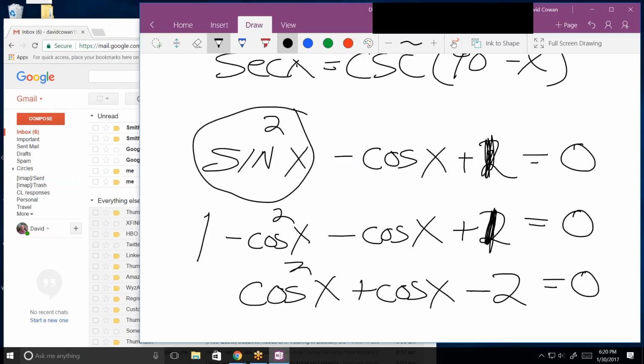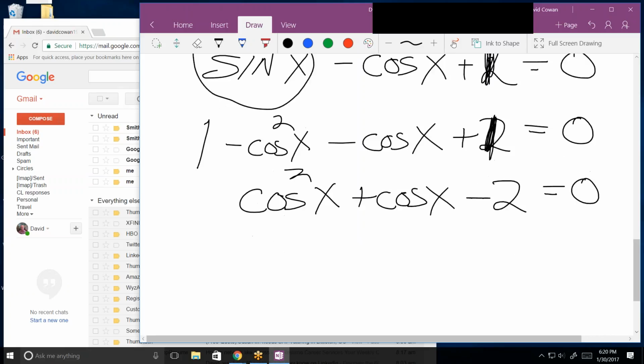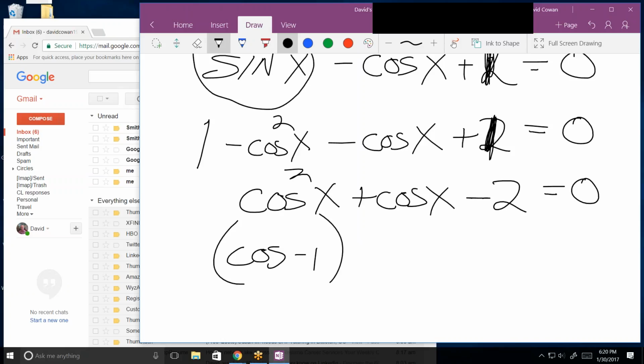And now notice what you're looking at is a quadratic. I can solve this equation by factoring it: cosine minus 1 times cosine plus 2 equals 0. And then I have my answers.